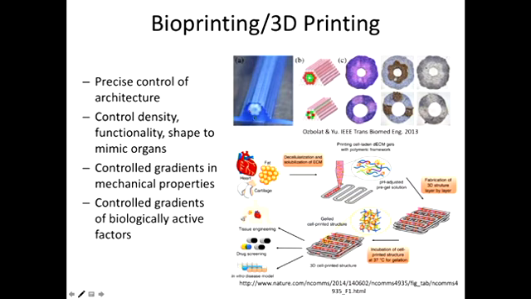These are smooth muscle cells and fibroblasts. And this paper shows that you can either have alternating regions of fibroblasts and smooth muscle cells, or, for example, an inner layer of smooth muscle cells and an outer layer of fibroblasts. So you can get quite sophisticated constructs through this three-dimensional printing process.